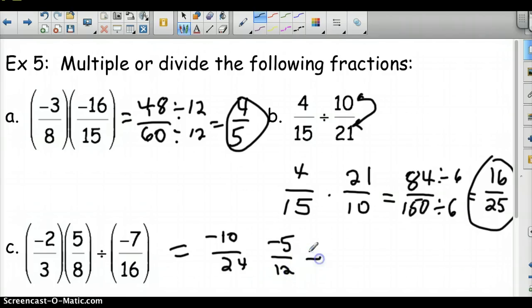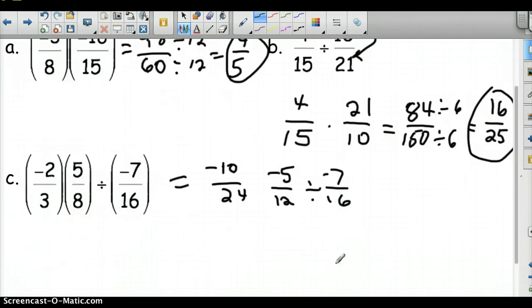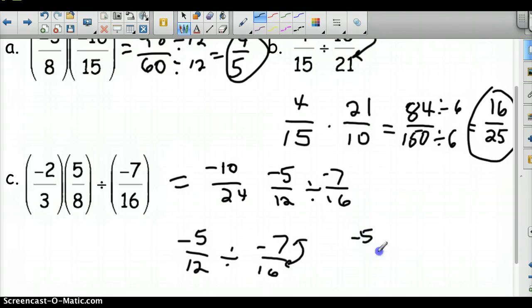And I still need to take that and divide it by negative 7/16. Well, in order to take our negative 5/12 and divide by negative 7/16, I need to flip the second one, multiply by the reciprocal. So that's negative 5/12 times 16 over negative 7.